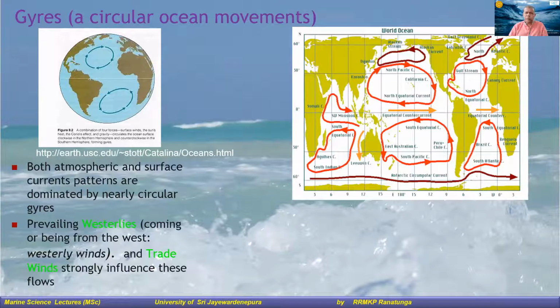So in the next diagram also you see this kind of gyres, and as we already know, the ocean currents move in different directions, and they have different names.